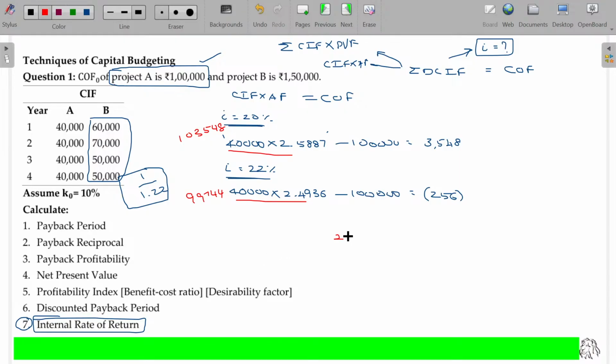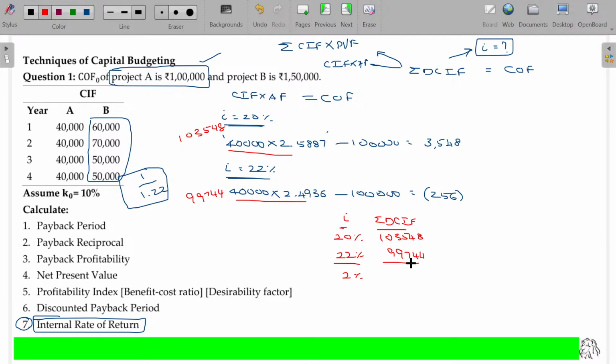So for 20%, summation of discounted cash inflow being 1,03,548. For 22%, this value being 99,744. So 2% you increased because of this change.